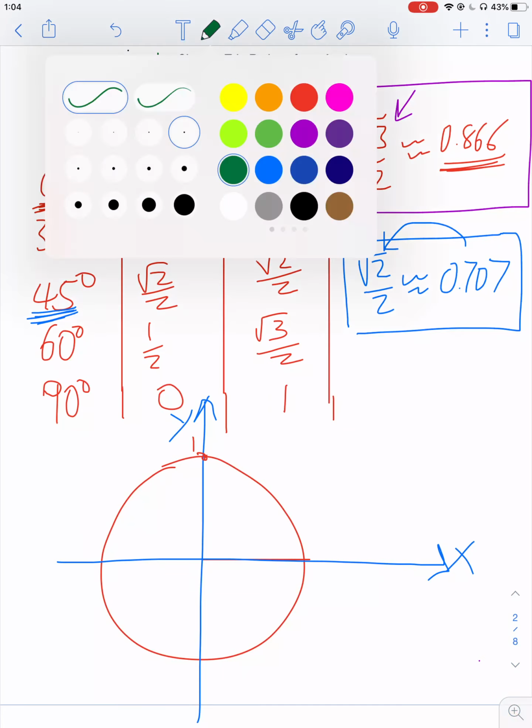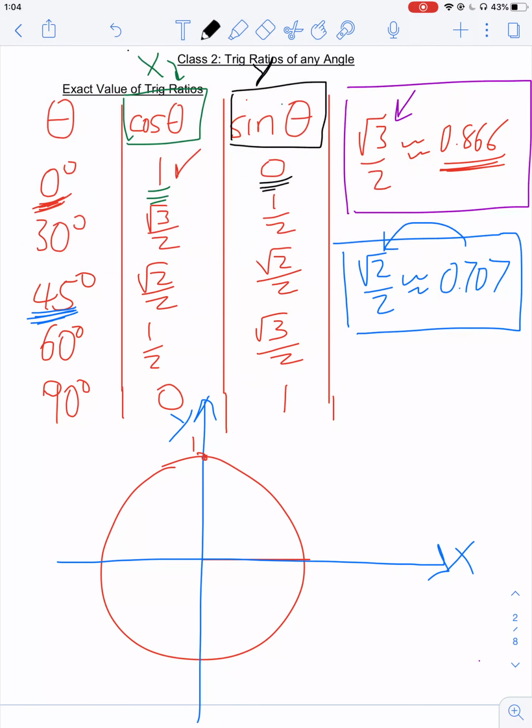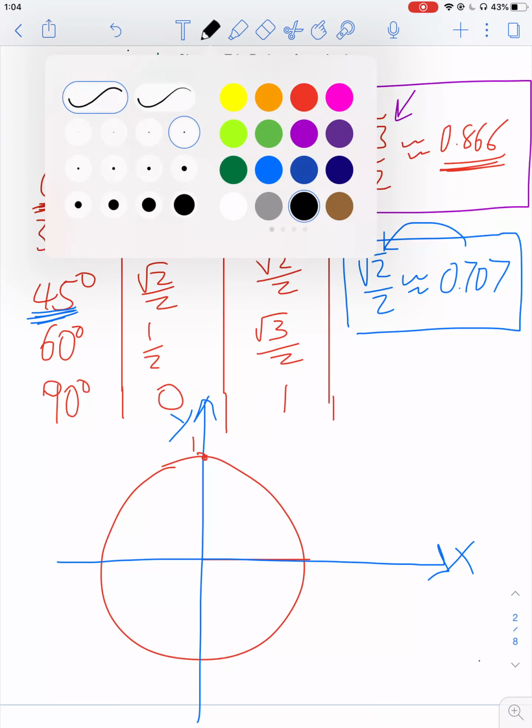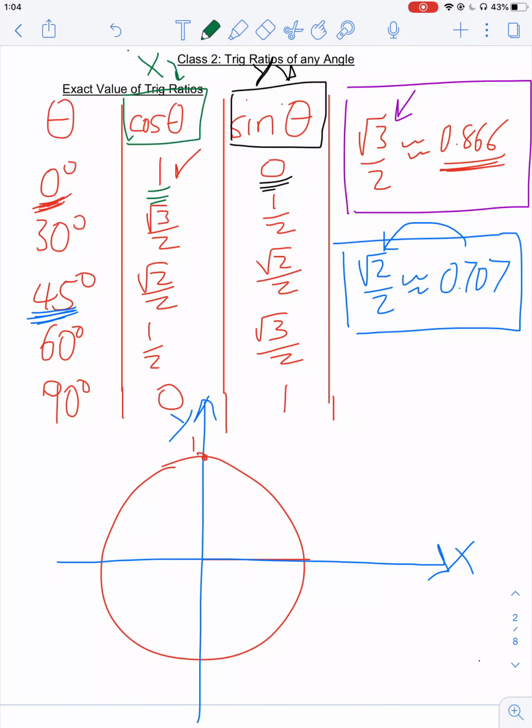Now, this will all make sense hopefully in a moment. But I want you to remember that cos theta is your x coordinate, sine theta is your y coordinate. So if your angle is 0 degrees, remember from yesterday's class, you always start from the first quadrant. Your angle over here is 0 degrees, and then you move in the counterclockwise direction.